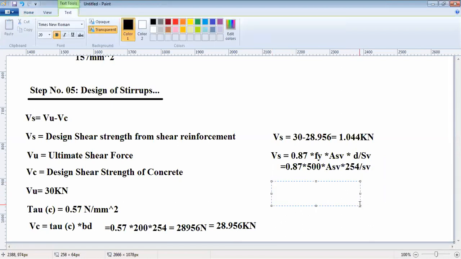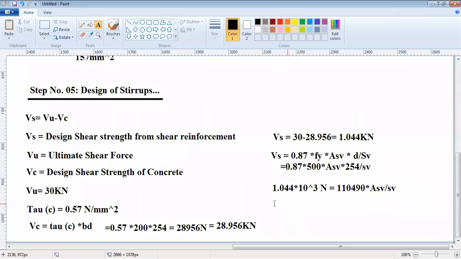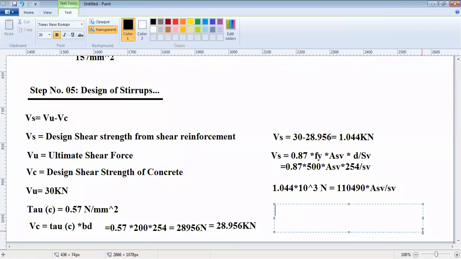VUS is 1.044 into 10 raised to power 3 newtons, which is equal to 0.87 into 500 into 254, which is 110490, into ASV by SV. So what is ASV by SV? What is ASV first of all?